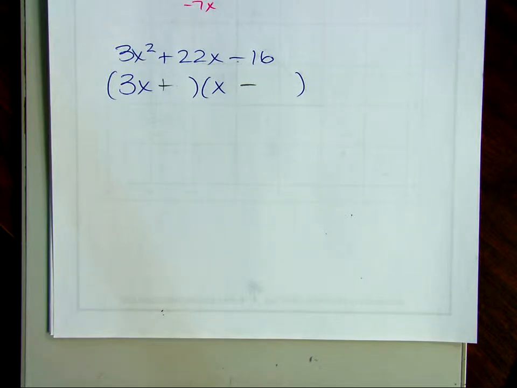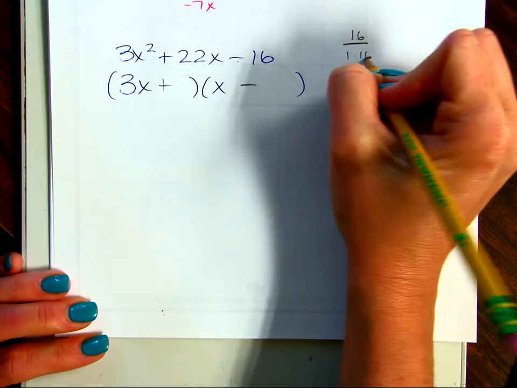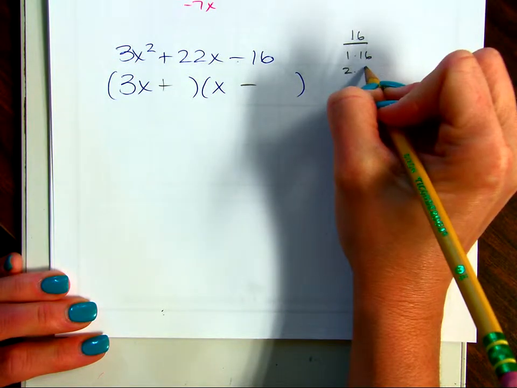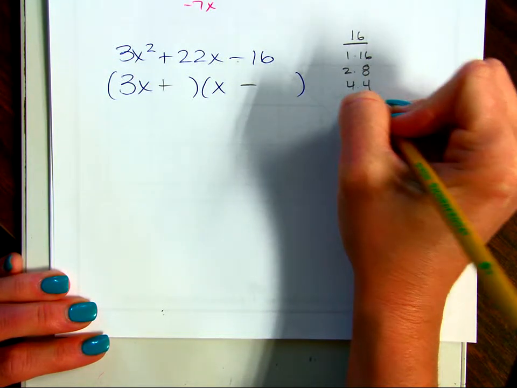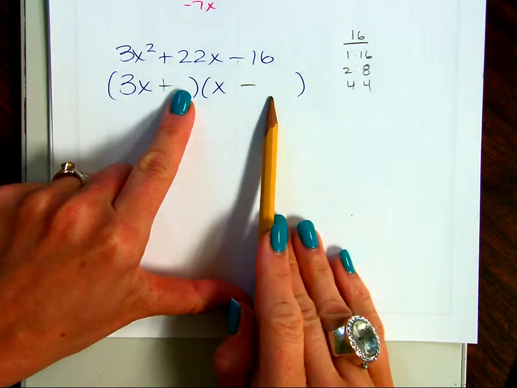Now, holy cow. It's funny to see the look on people's faces when they process the number of trial and errors. Let's think of 16. A lot of different ways to get 16. 1 times 16, not a lot, but 2 times 8 or 4 times 4. So watch. I could say 1 times 16 and check it.